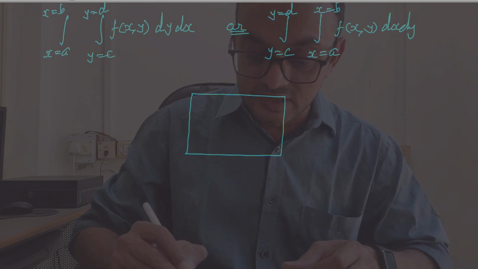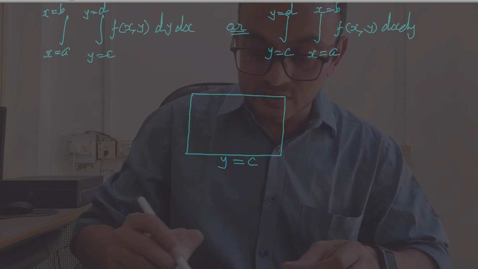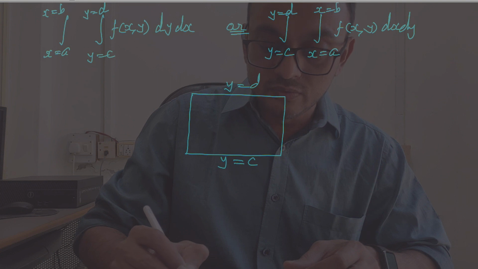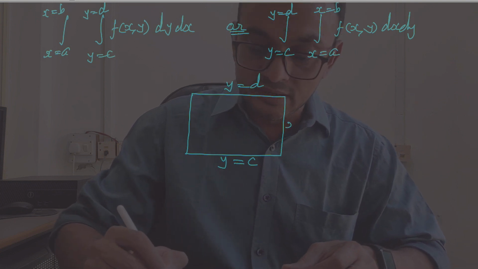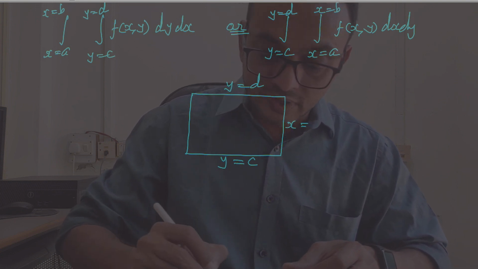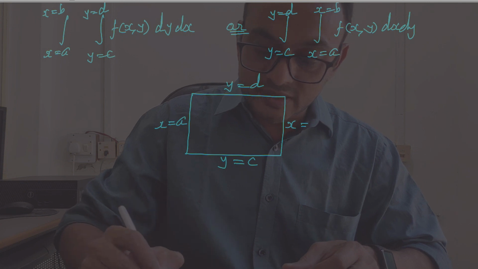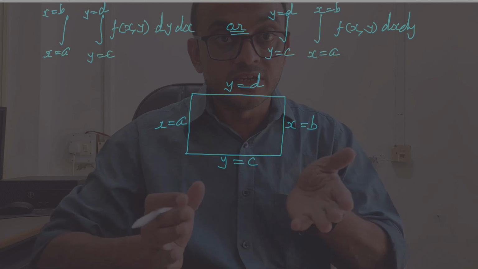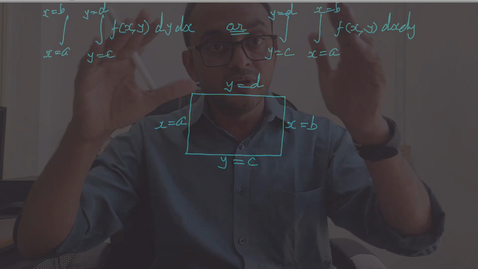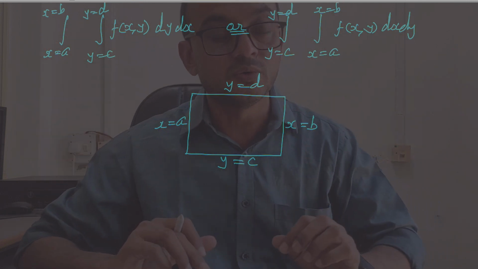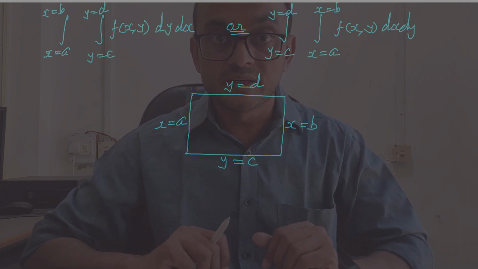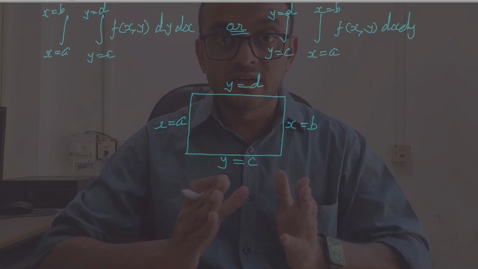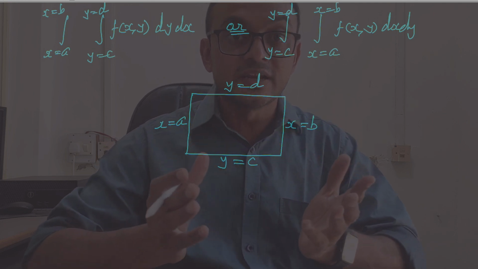Here this is the line y is equal to c, y is equal to d, and the line x is equal to a to x is equal to b. So our region is a rectangular region, and over that rectangular region we have given the surface z is equal to f of xy. But in place of this rectangle, suppose you have given any general region.